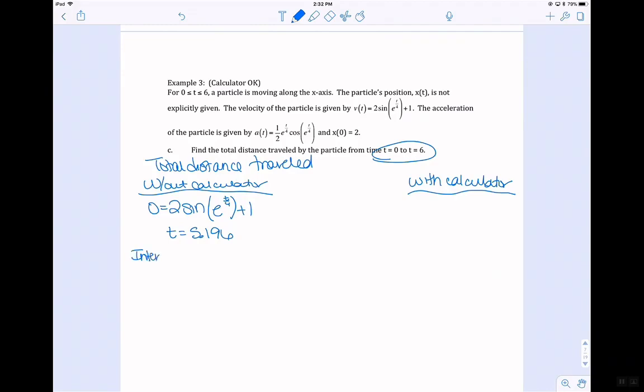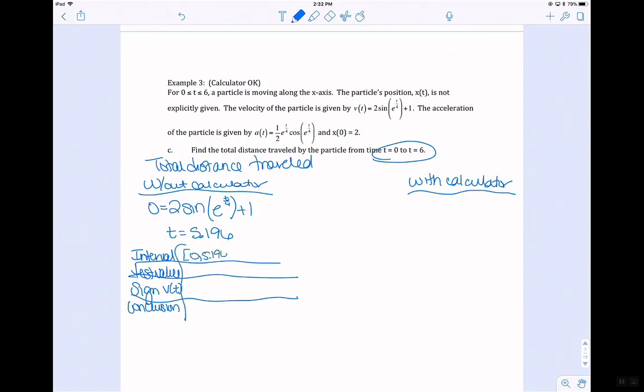And then I would have to do interval, test value, sign of v of t, and conclusion, going from 0 to 5.196, and then from 5.196 to 6.